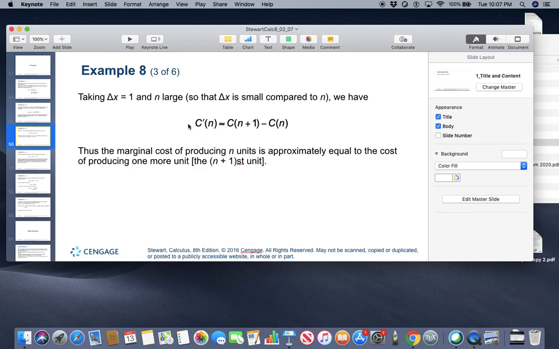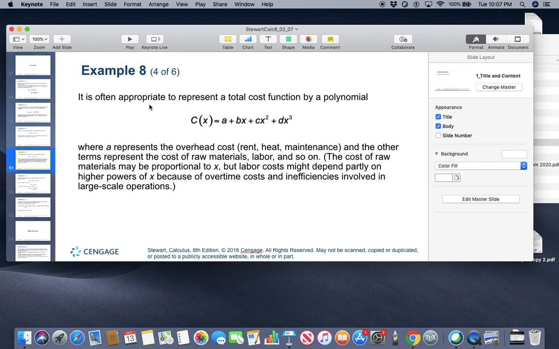In other words, the derivative is very close to C(n+1) minus C(n), the cost of the one additional chair you manufacture after producing n units. So the marginal cost is approximately equal to the cost of producing one more unit, the (n+1)st unit.